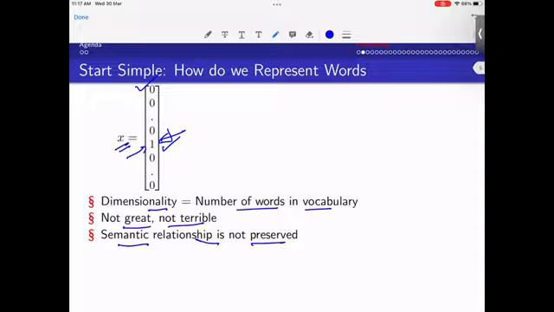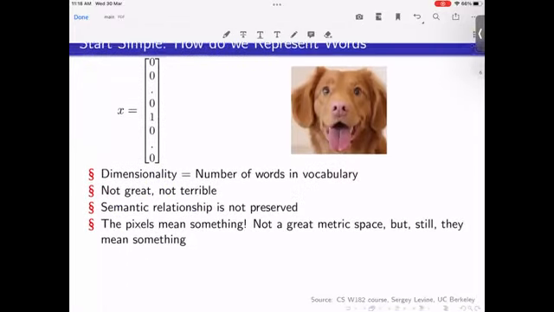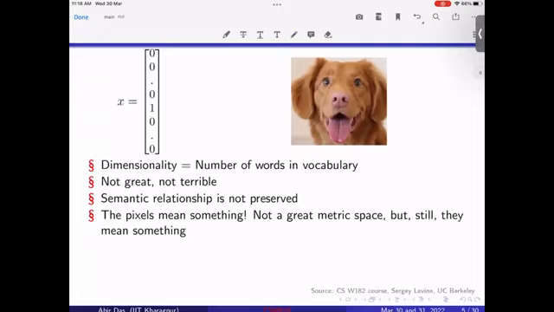So you don't have this semantic relationship reflected in these representations. If we can have some way that preserves this semantic relationship, we can maybe make better use of it in downstream tasks. What downstream tasks are will come later. But just before that, compare this with images.